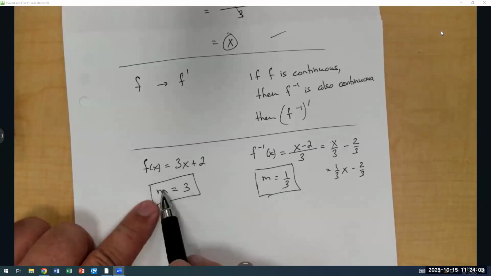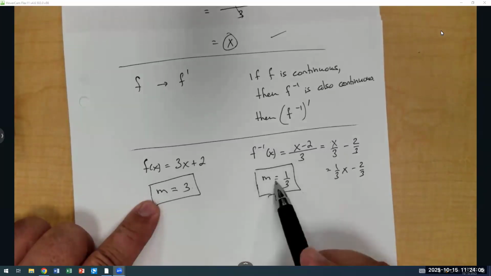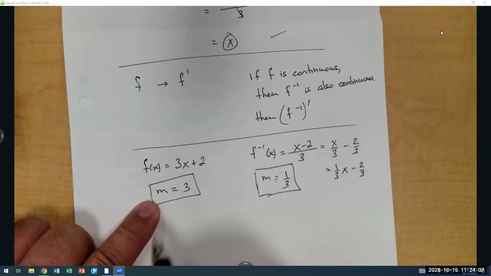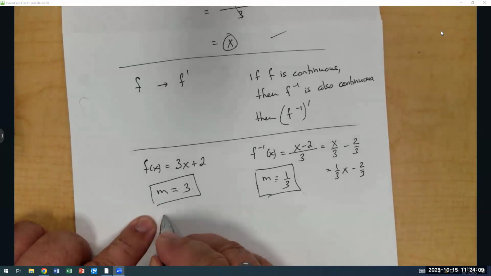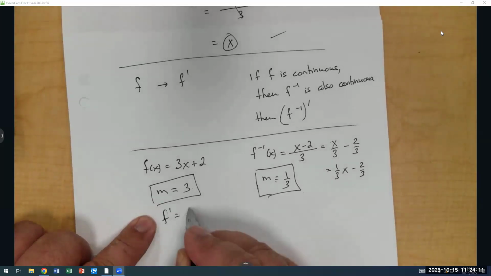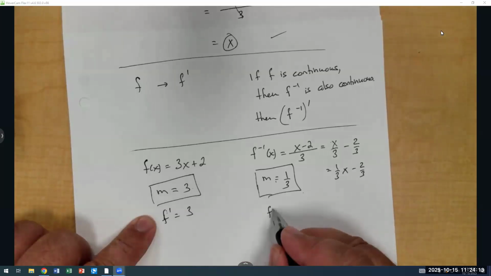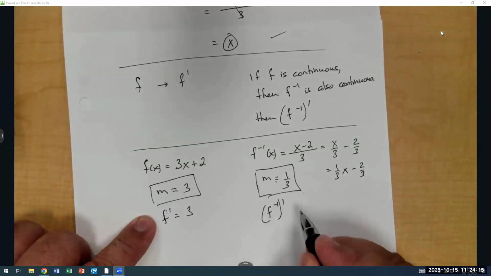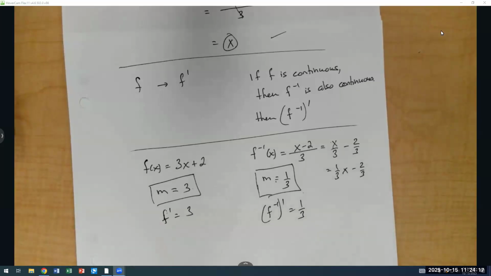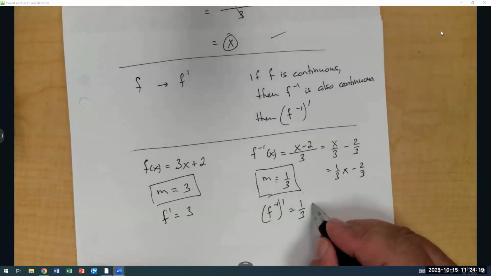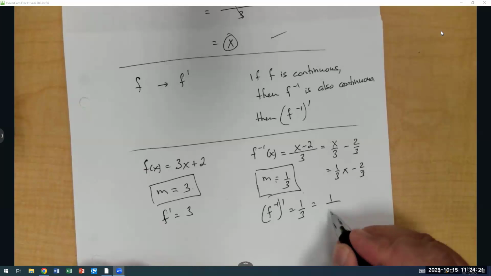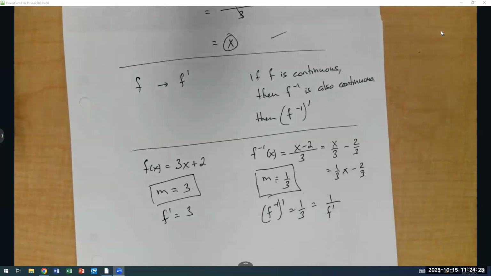The slope of the function is 3. The slope of the inverse is 1/3. So f prime is 3. f inverse prime is 1 over 3, or 1 over f prime. That's the connection we're trying to make here.